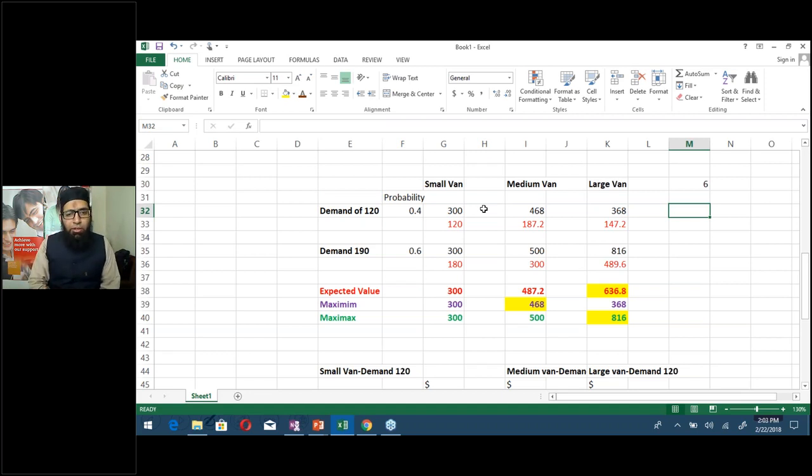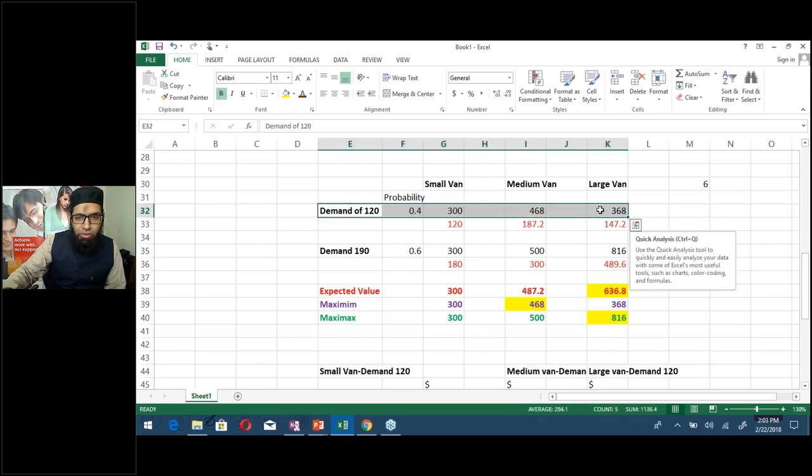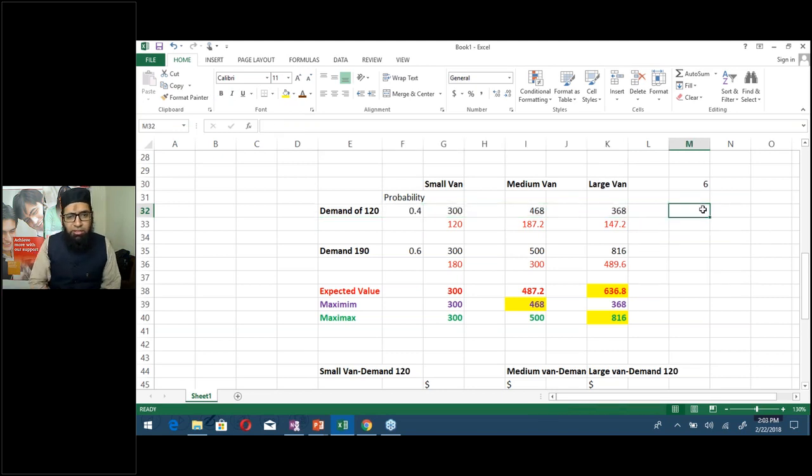To calculate regret, the first thing you should do is, from the possibilities, here are the possibilities. Demand of 120 is the possibility. From the possibilities, I will choose the highest value.